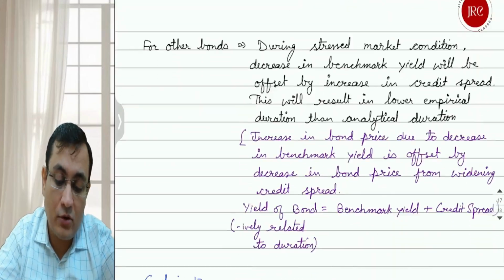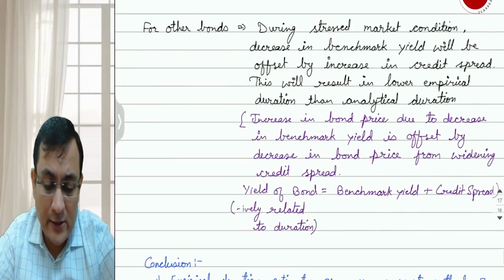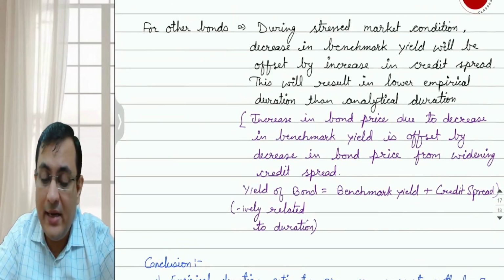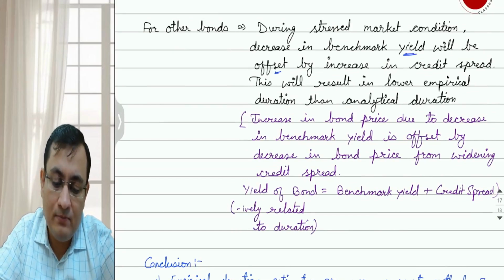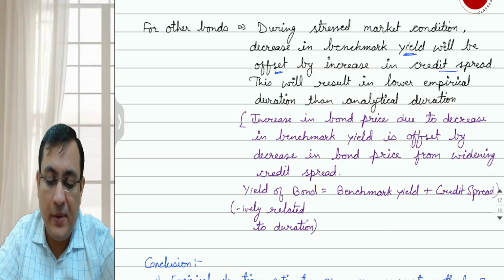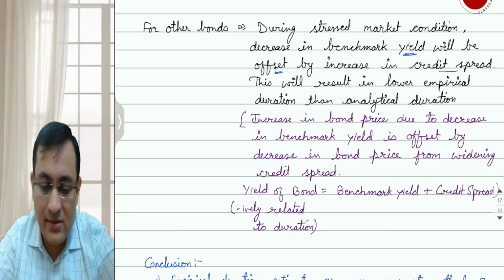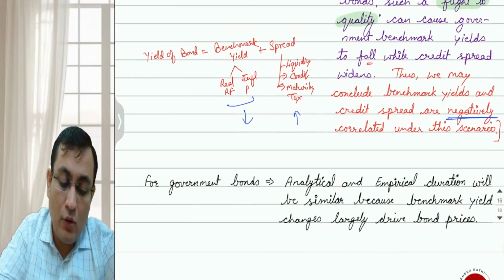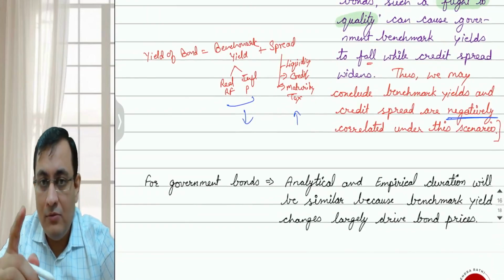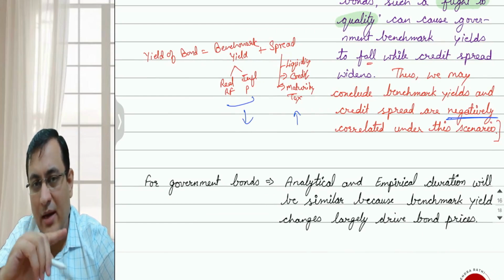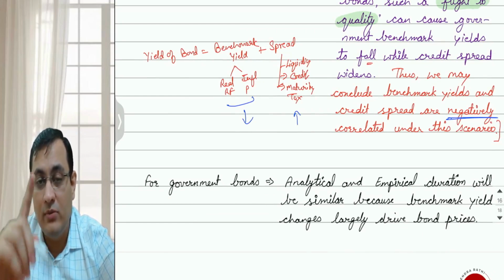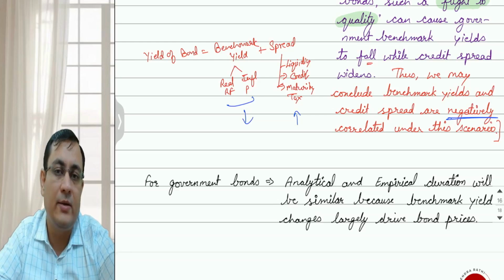But in the case of a corporate bond, during stress market conditions, a decrease in benchmark yield, the government bond yield, will offset the increase in credit spread. This will result in lower duration. When we were calculating Macaulay, modified, effective or key rate duration, we assumed spread is constant.